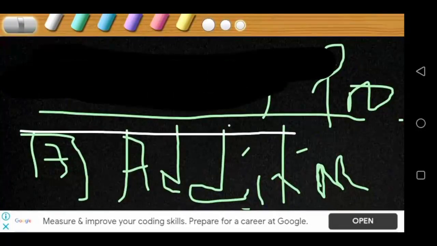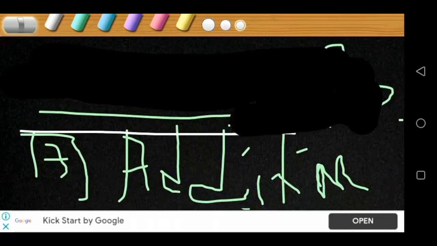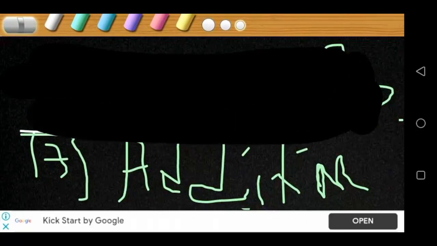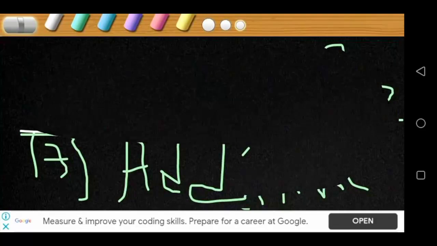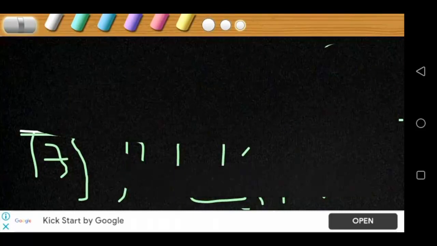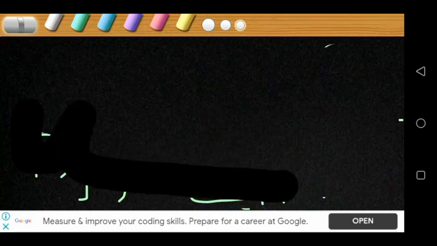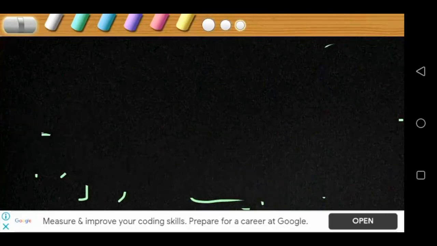The additional law is actually recognized by the word or, and it can be expressed mathematically as P is equal to PA plus PB plus PC plus, and so on and so forth, until you get to Pn.